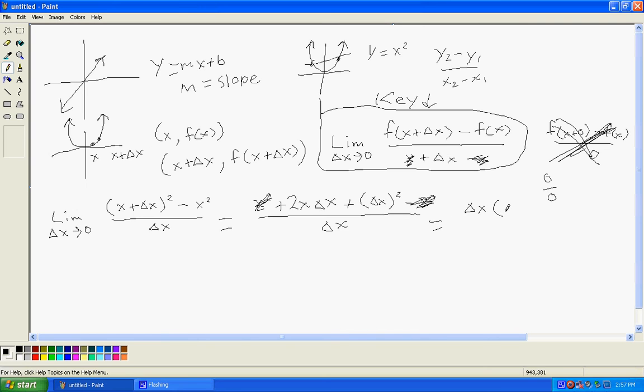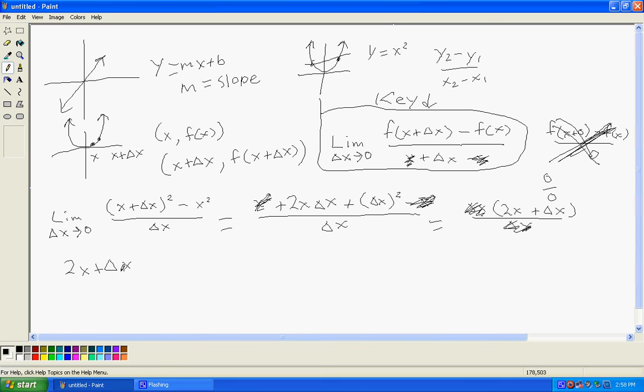So we can factor that out and say delta x times 2x plus delta x over delta x. And for those of you who see it, delta x can cancel out because delta x over delta x is just 1, right? And since it's being multiplied on top, we can factor it out and then just divide it out. So now we're left with 2x plus delta x.